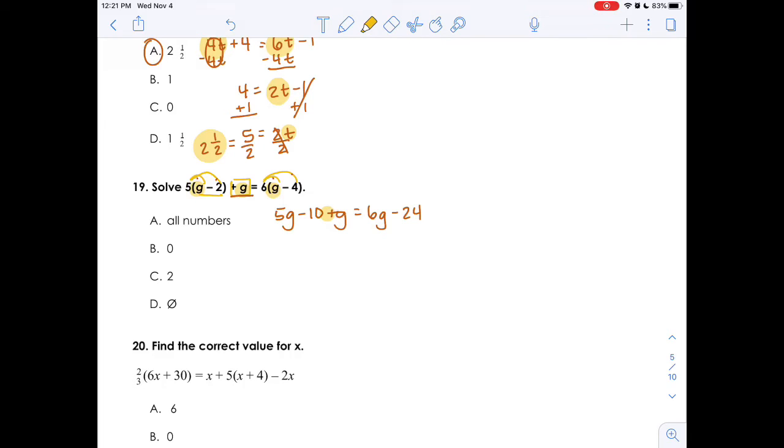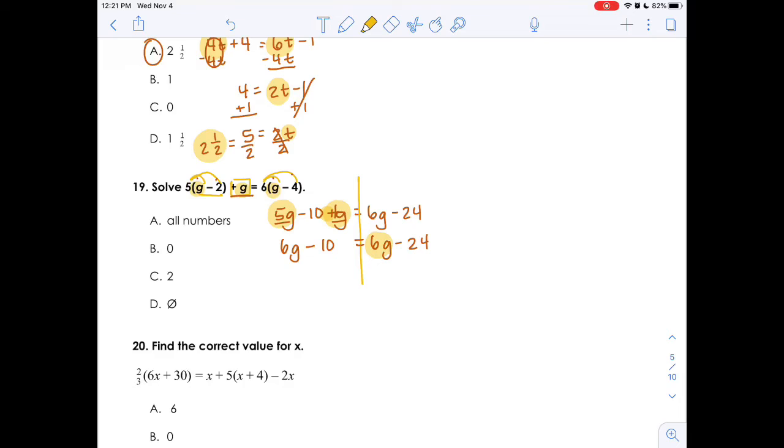Next, I want to try and get all my g's together, but I first want to recognize that on the left-hand side, I can actually simplify. I have 5g plus g. Since these are on the same side, I'm not going to use inverse operations. I'm just going to put them together. So 5g plus g, that's like a 1g, is 6g minus 10 equals 6g minus 24.